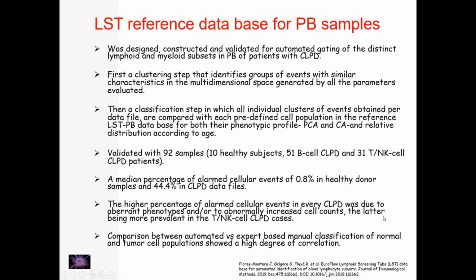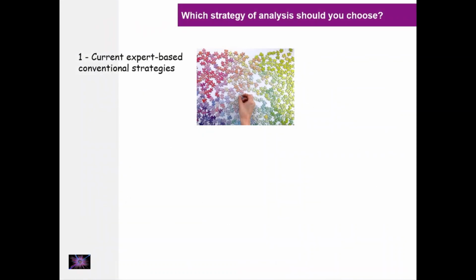The latter was more relevant in the T and NK cell CLPD cases, which means that in these cases there were fewer abnormalities in the immunophenotypic profile when compared to the B cell cases. And the comparison between automated versus expert-based manual classification of normal and tumor cell populations showed a high degree of correlation. So based on all these things, which strategy of analysis should you choose?